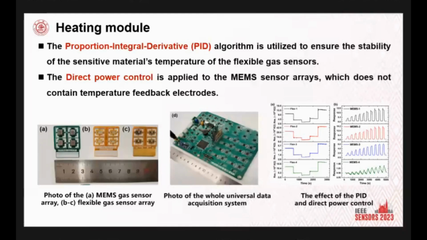The photo on the left shows the MEMS and the flexible gas sensor arrays. The photo of the whole system with MEMS and the flexible gas sensors is shown in the middle. The effect of the PID and the direct power control is on the right.